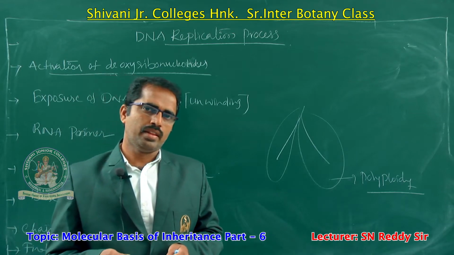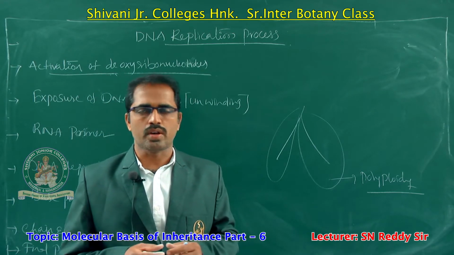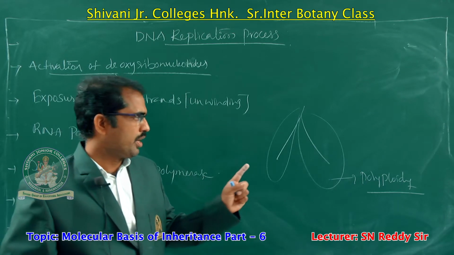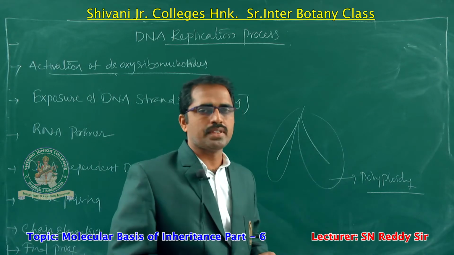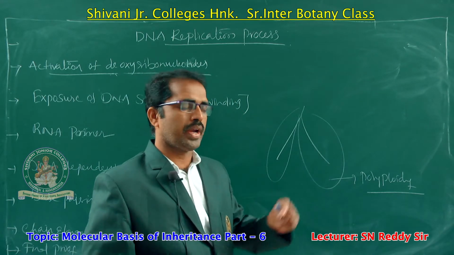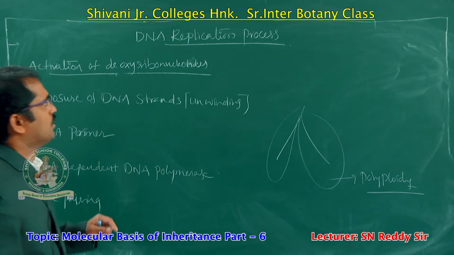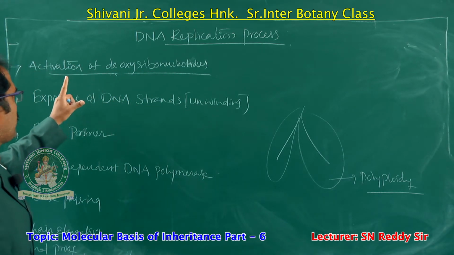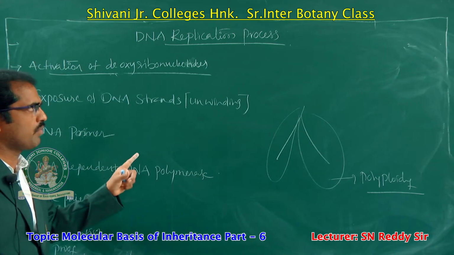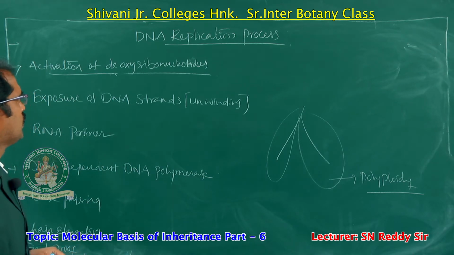Only then do we get the new daughter cells, but in the absence of cell division, we find this polyploidy condition in the cells. So these are the steps involved in the DNA replication mechanism.